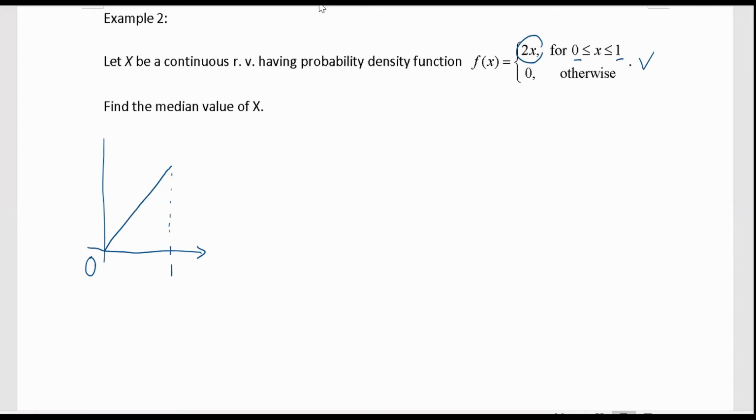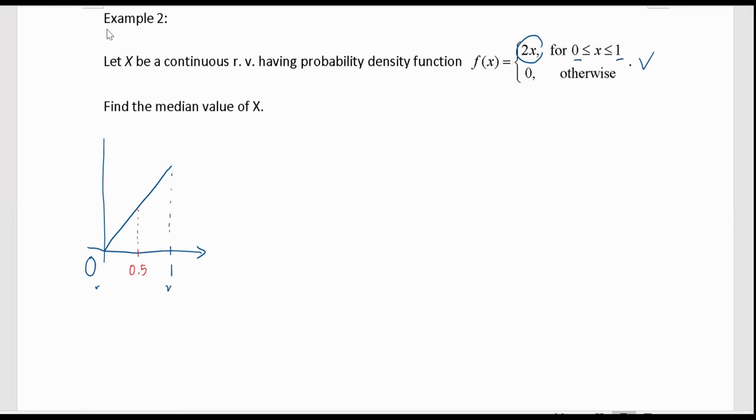That means we know the median will lie between 0 and 1. But as you can see, this area is a triangle. So if the value of X is in the middle, 0.5, do you think that 0.5 cuts the area into two equal halves? It does not.